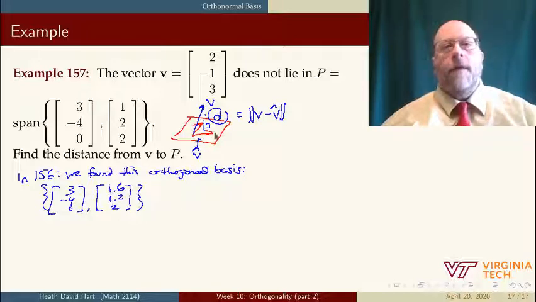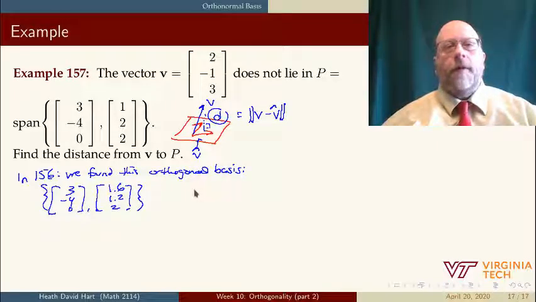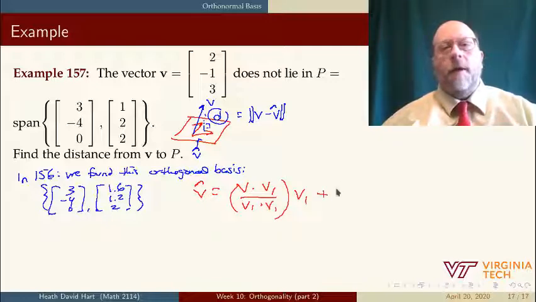Okay? We can calculate the distance from V to P by projecting V onto this orthogonal basis. So let's do that. The projection of V onto this orthogonal basis is V dot V1 over V1 dot V1 times V1 plus V dot V2 over V2 dot V2 times V2.